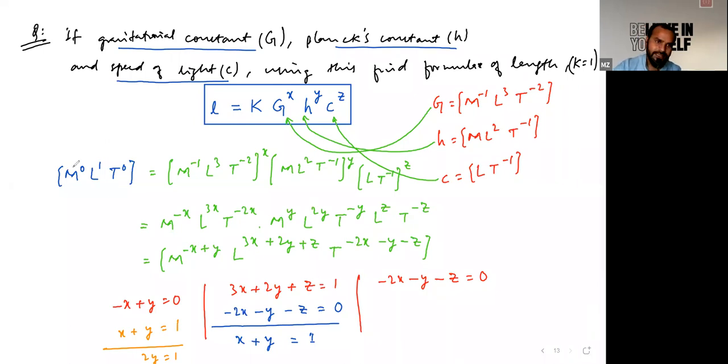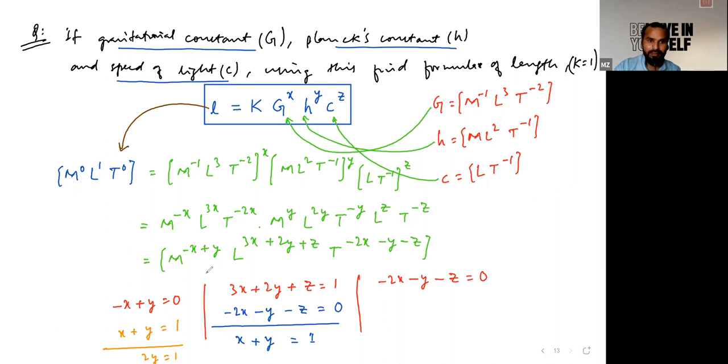Ishan, just see the dimension formula of left hand side. We have length here, so in terms of dimension, we can write it as M raised to the power 0, L raised to the power 1 as we have L only, and T raised to the power 0 as there is no term of mass and time in left hand side.